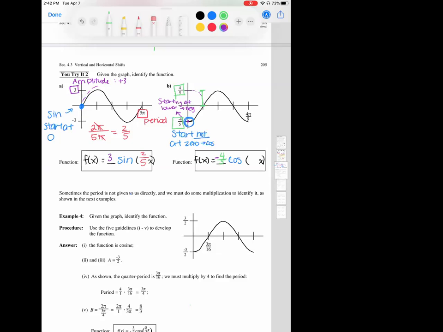Lastly, the one that requires a bit more work is your b. To find b, we must take our period. Where does our cycle end? Our cycle ends at 4 pi over 9. So we take 2 pi and divide by 4 pi over 9. Let's go ahead and rewrite this.